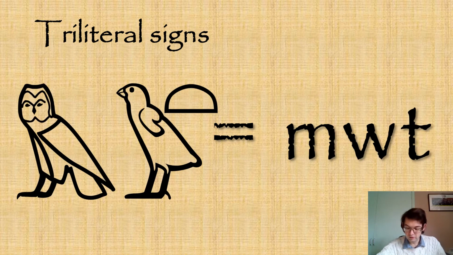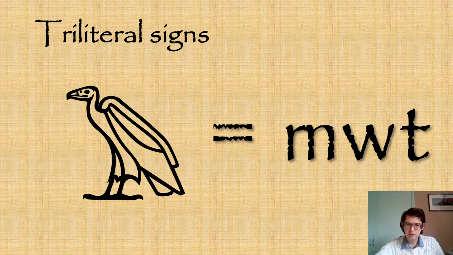Following on in the same vein, we have triliterals, where a single hieroglyph represents a string of 3 consonants. So for instance, take the word mut, the Egyptian word for mother. You could theoretically write it like this: owl for an M, quail chick for a W, bread loaf for a T. But you wouldn't do that.